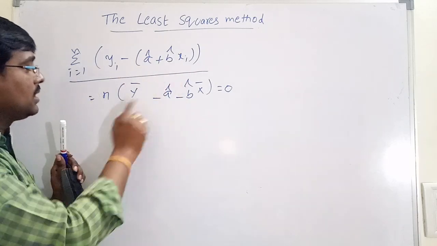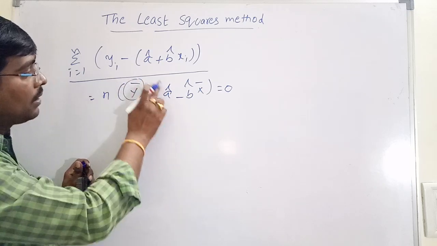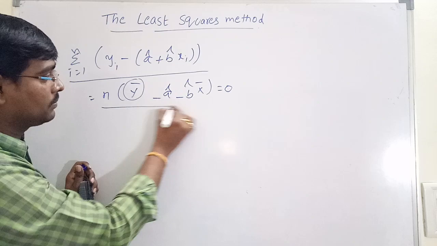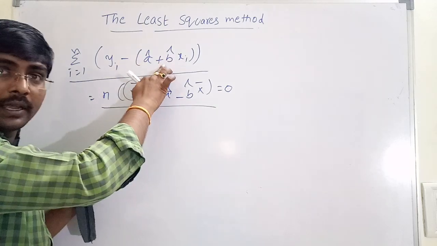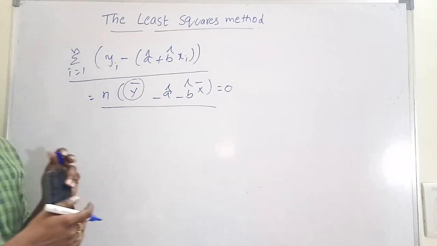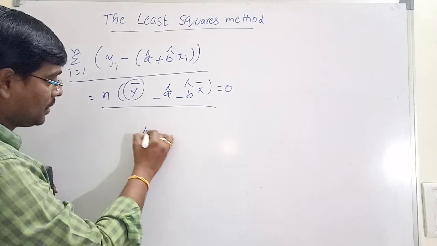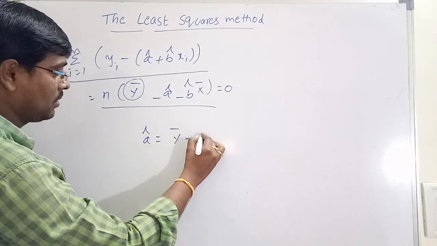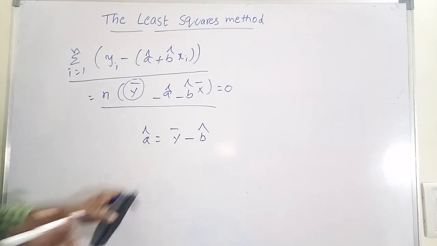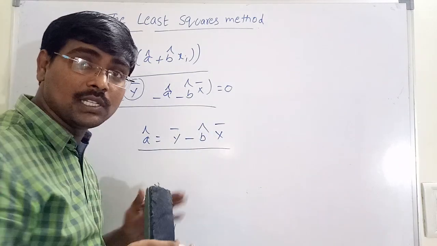Taking the sum of all the terms and simply taking the mean value, y bar minus a cap minus b cap x bar. So a cap is equal to y bar minus b cap into x bar. We already know this equation.